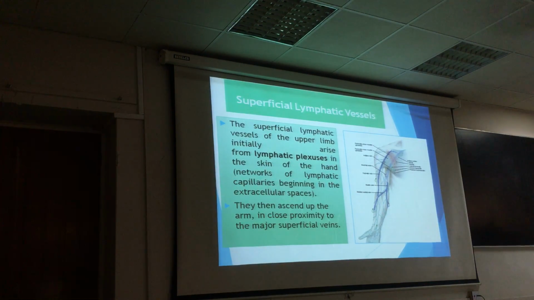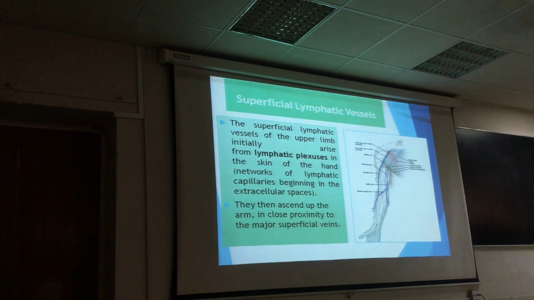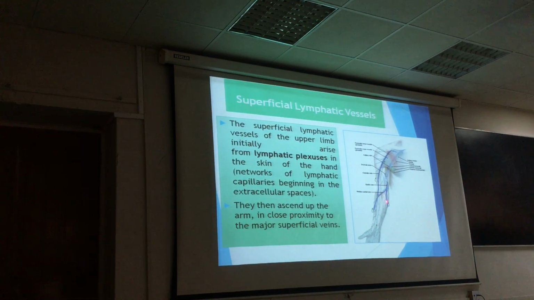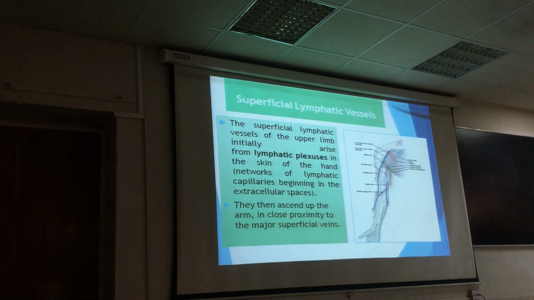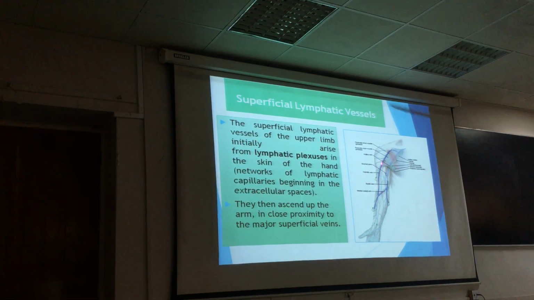Now remember, the vein which is present on the medial side is known as the basilic vein. See over here, this is the vein present on the medial side, the basilic vein. The vein present on the lateral side is known as the cephalic vein. So this you can see, this is the cephalic vein.